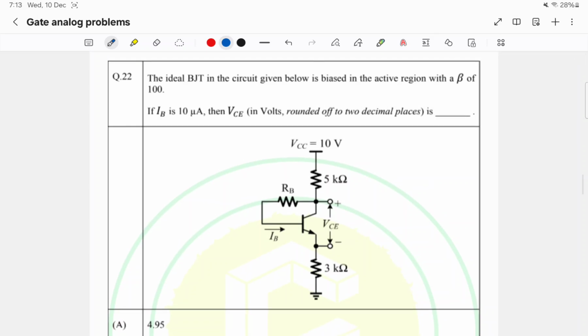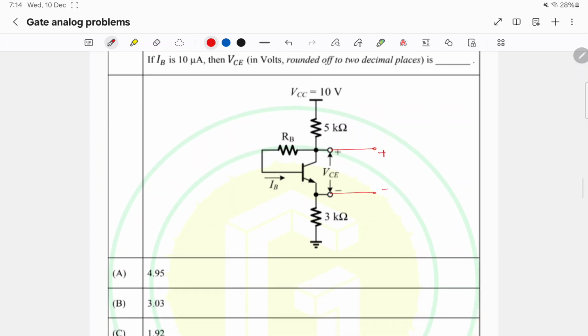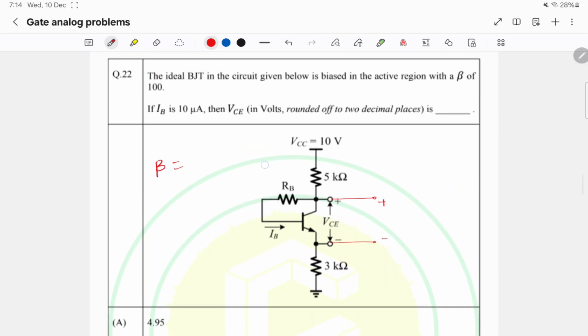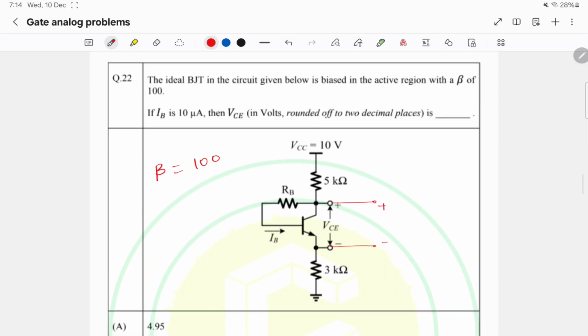In this question, we have to find the DC potential difference between collector and emitter. For that, we have to find both potentials VE and VC. It is given that beta is 100 and IB is 10 microamp.